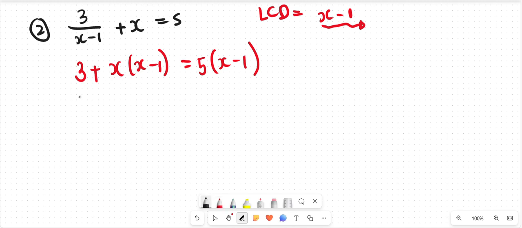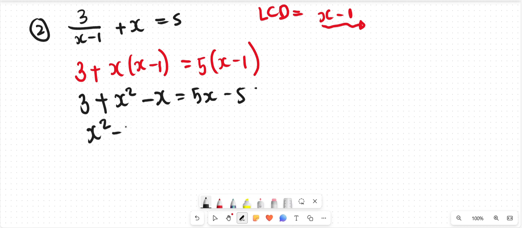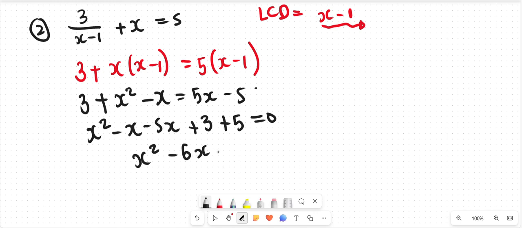Then at this point, I need to multiply it out and get it to standard form. I'll have this with the 5x minus 5. I collect all the like terms. x squared minus x minus 5x, and a positive 3 plus a 5 will give me 8. Then x squared minus 6x plus 8 is equal to 0.